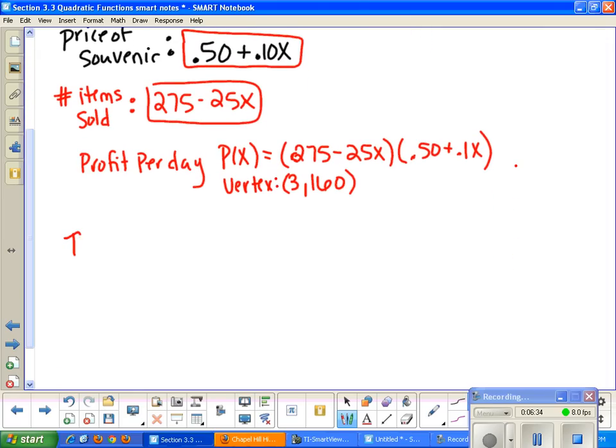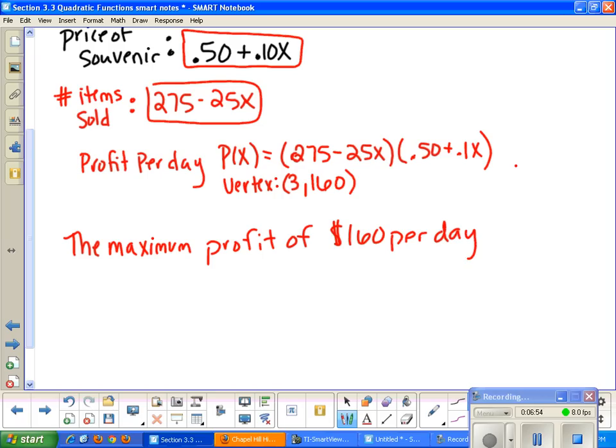The maximum profit of $160 per day occurs for 3 price increases.